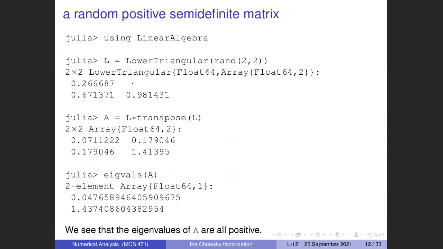All right, how do we now make positive semi-definite matrices? We could use the spectral decomposition, but we will actually use an easier way, if you like. We can take a random 2x2 matrix and multiply the lower triangular part with the upper triangular part, which is the transpose.